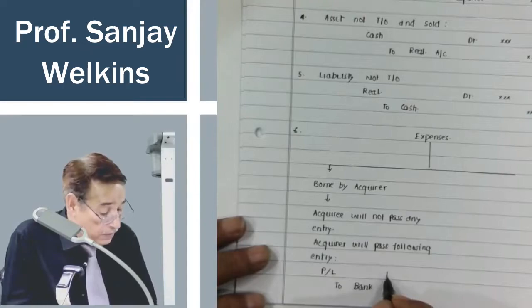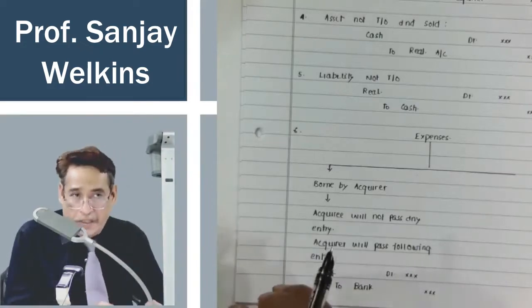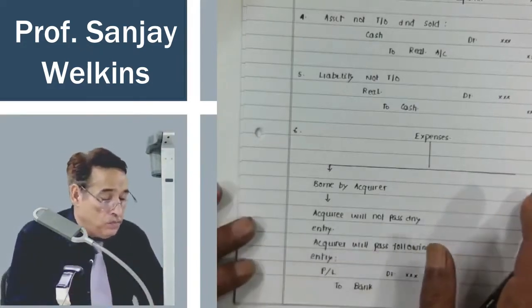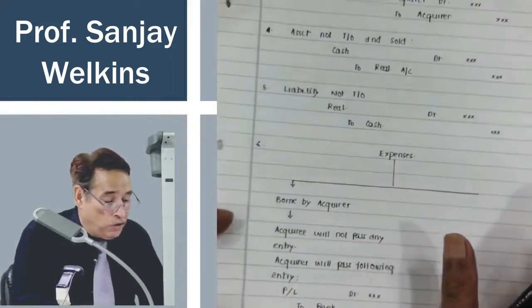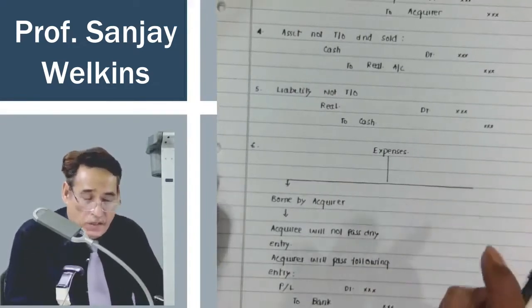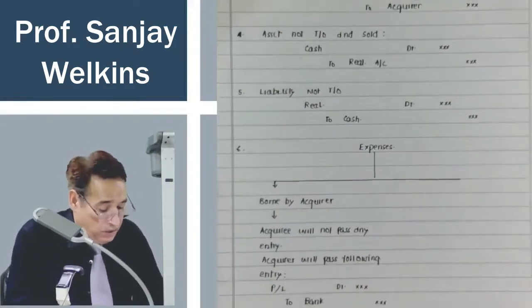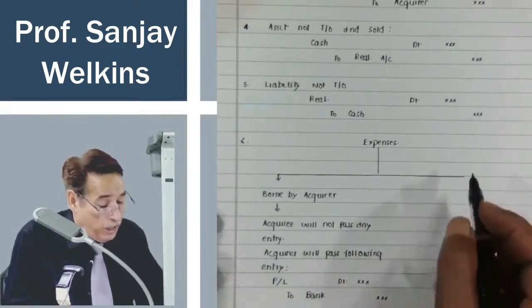Because Ind AS 3 clearly states that such expenses will be treated as acquisition cost, and acquisition cost incurred by acquirer will be expensed. It is clearly mentioned, so that is the reason we will debit our profit and loss account. We'll pass this entry in the books of acquirer.